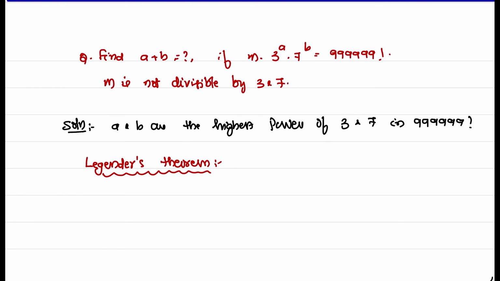As per Legendre theorem, for any factorial n, the exponent of p in n factorial is equal to the summation over m greater than or equal to 1 of the greatest integer of n by p to the power of m.